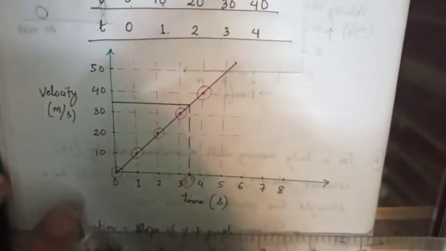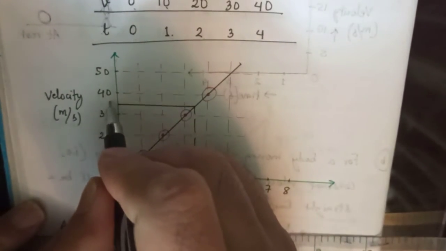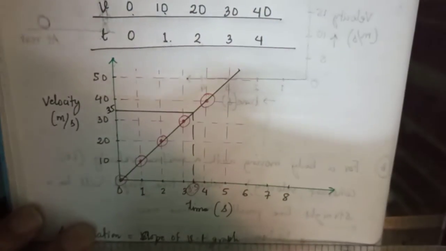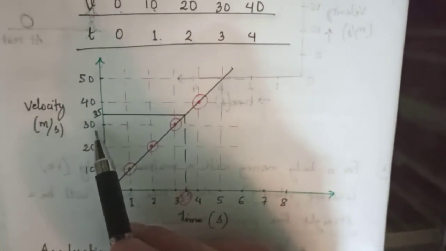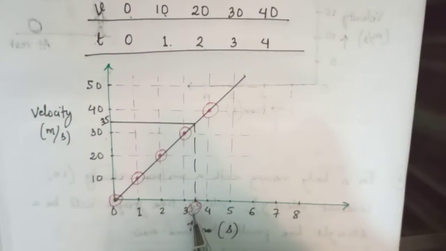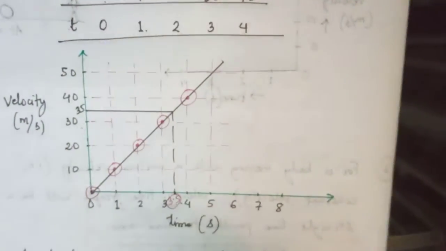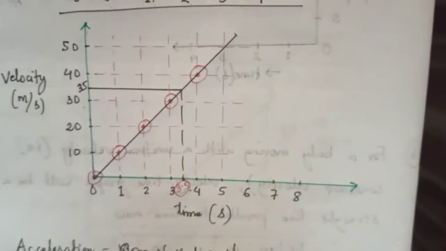That way you can find the velocity at any instant of time. So at 3.5 second, the velocity is 35 meter per second. This point is in between 30 and 40, so this point is 35.